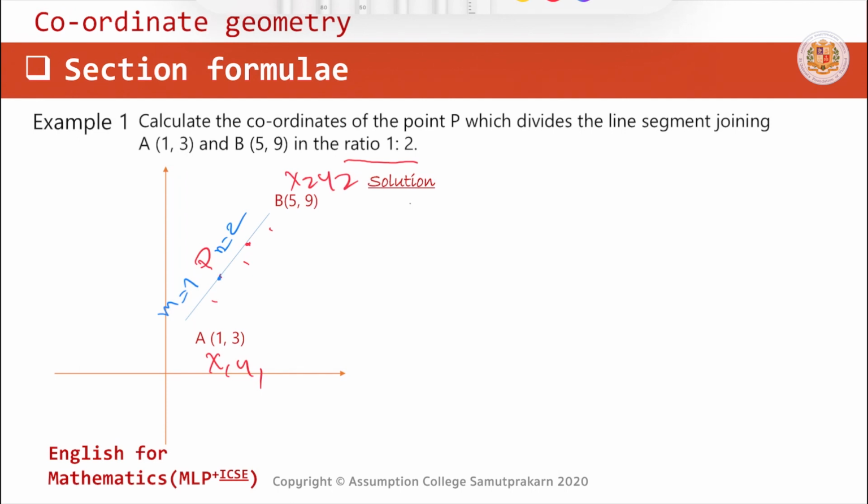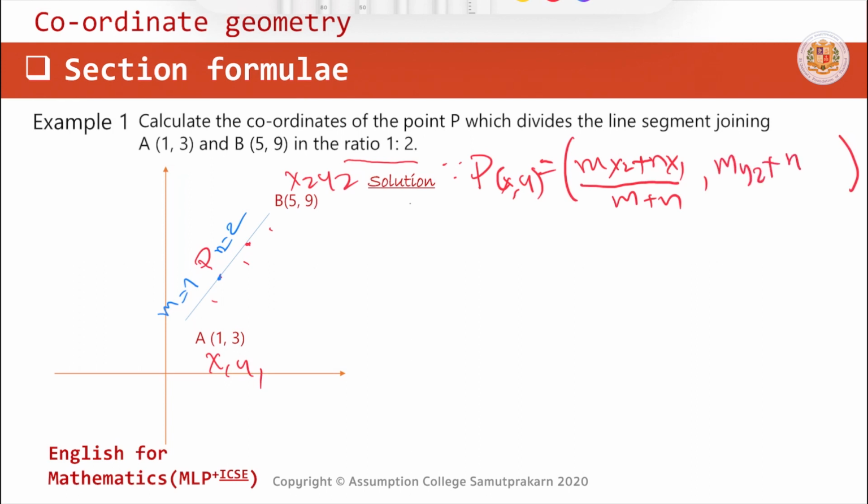So since P(x, y) is equal to (m x2 plus n x1) divided by (m plus n), and then (m y2 plus n y1) divided by (m plus n), right?